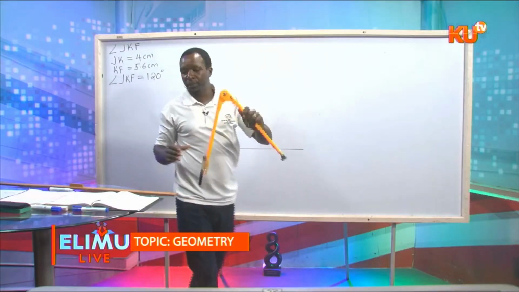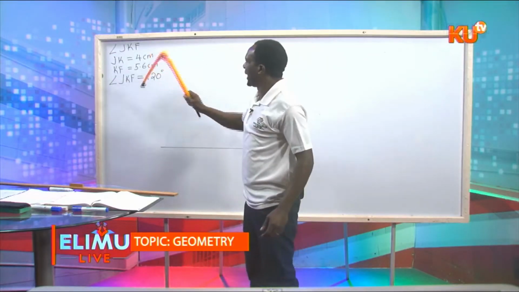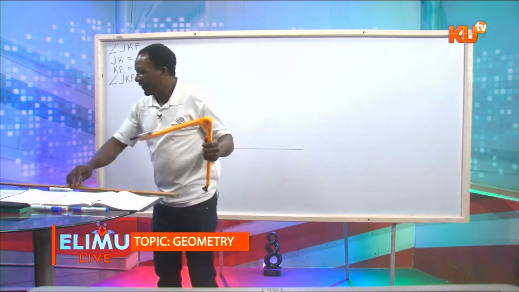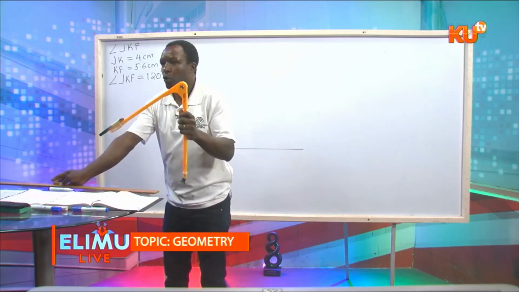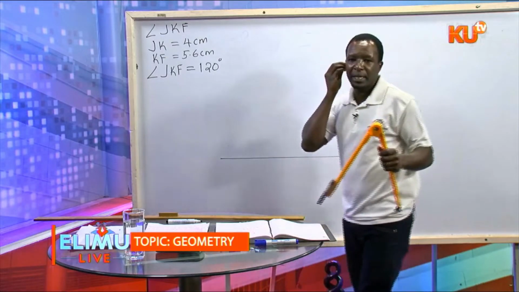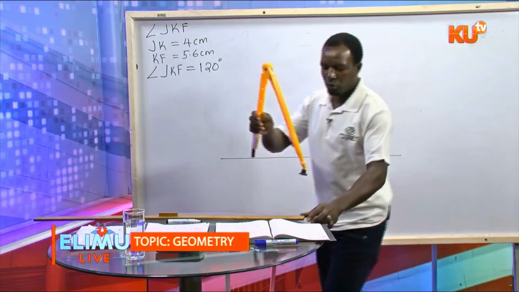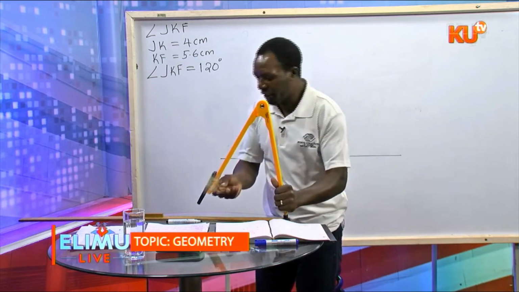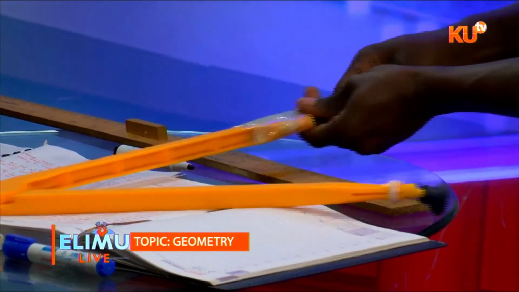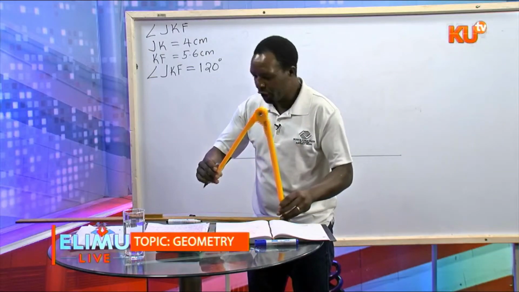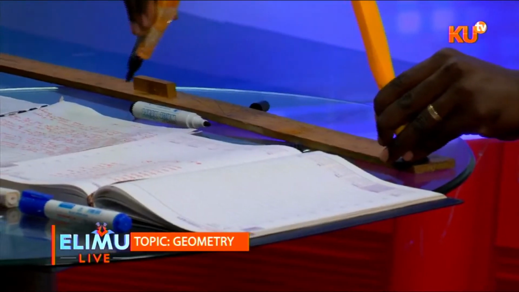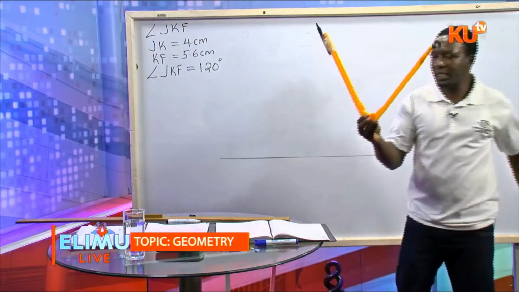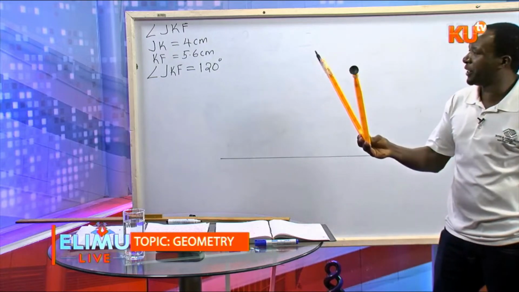And when you are measuring the length, take your compass and go to your ruler and start measuring from 0. Some learners get confused and start measuring from 1. Start measuring from 0, and then you measure 5.6. After measuring your 5.6, you have your compass ready with the measurement.